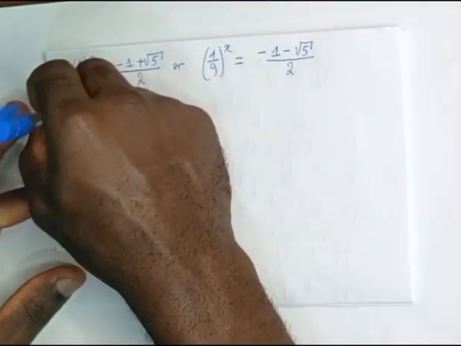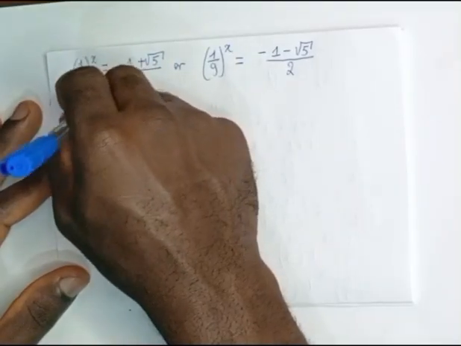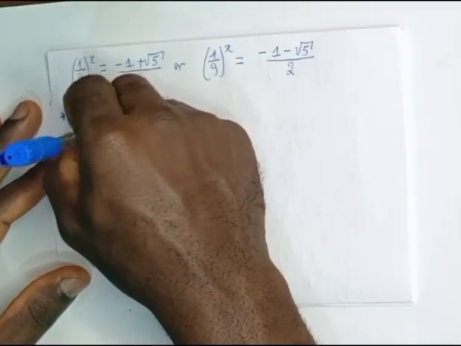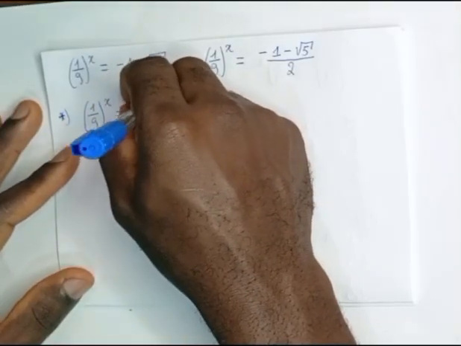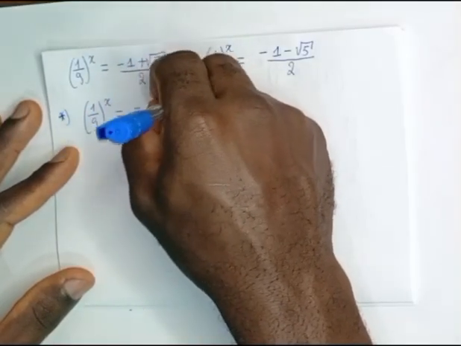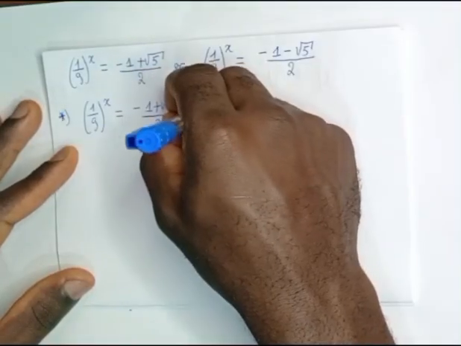If we take the first one, which is this, we have to solve for x. 1 over 9, all this raised to the power x is equal to negative 1 plus root 5 all over 2.